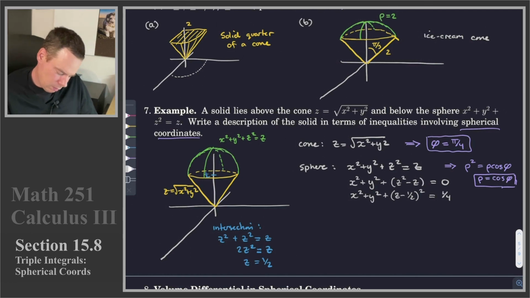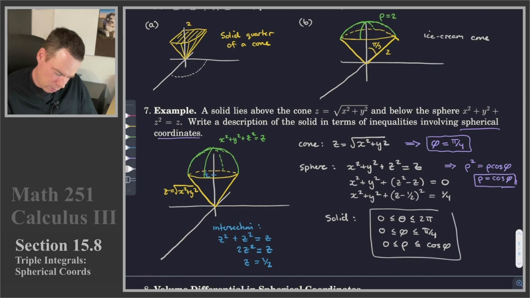And so that means our inequalities that describe the solid are the following. Theta can be anything. It can go from 0 to 2 pi. Phi can go from 0 to pi by 4, and rho can go from 0 all the way out to cos phi.